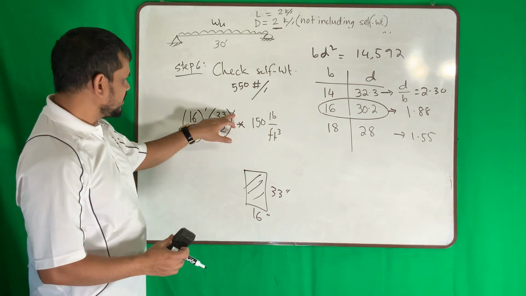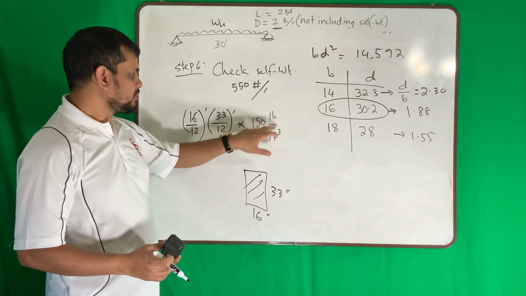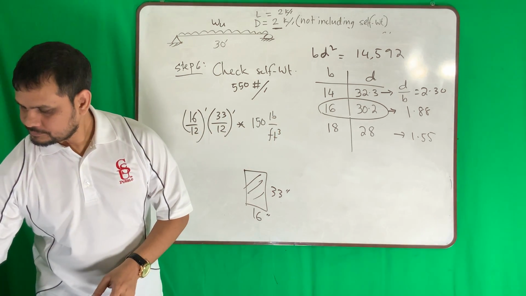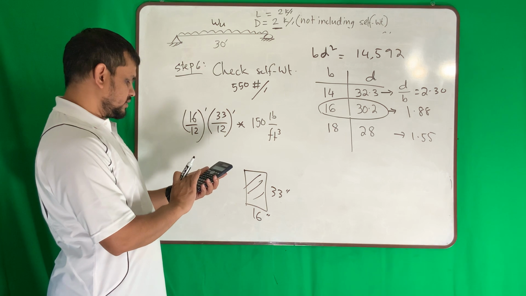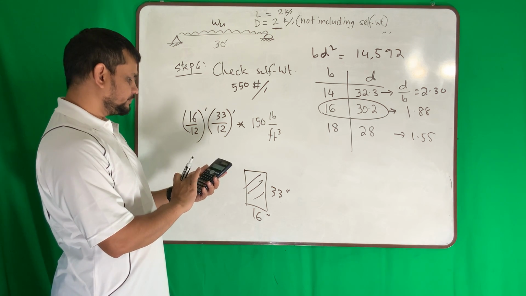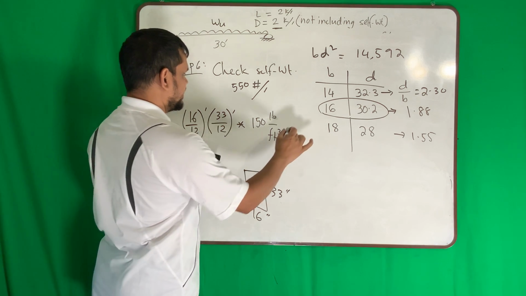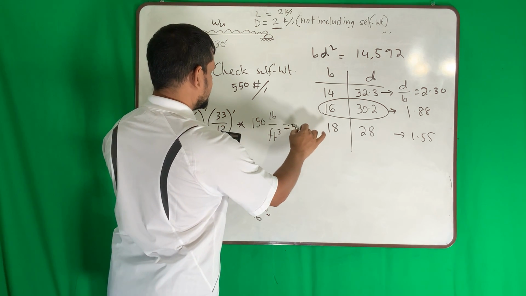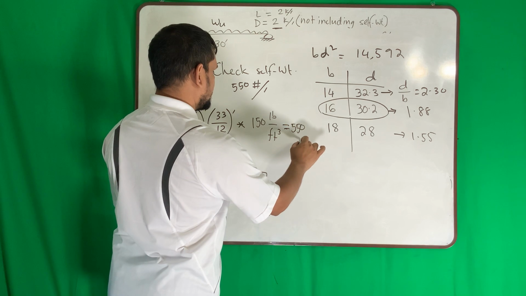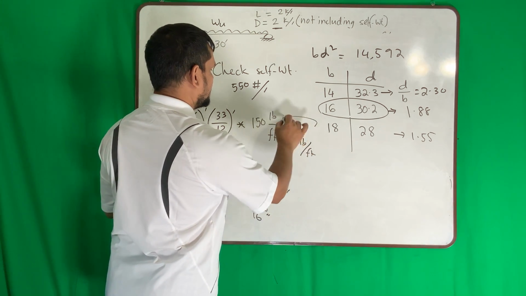How? Feet square cancels, pound per feet. How much? I don't know if it is magic or not. It is exactly 550 pound per feet.